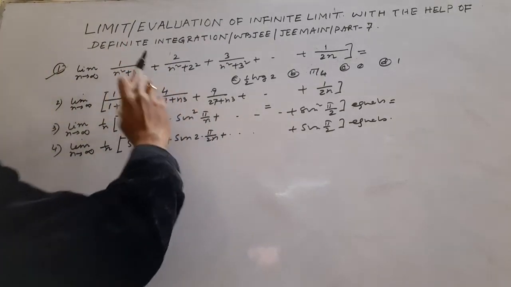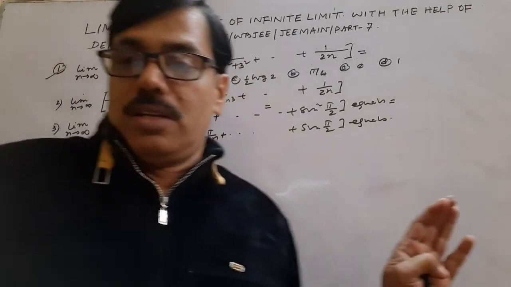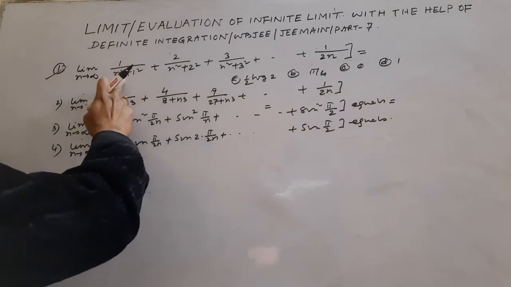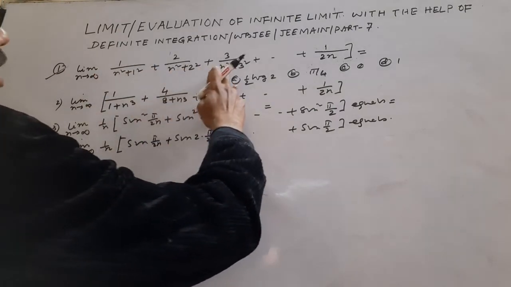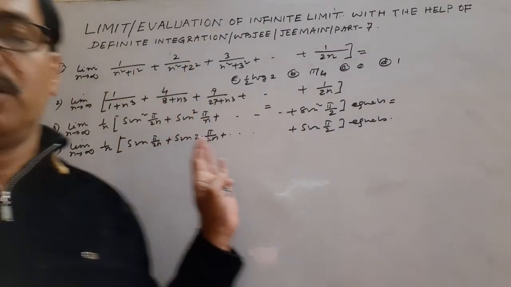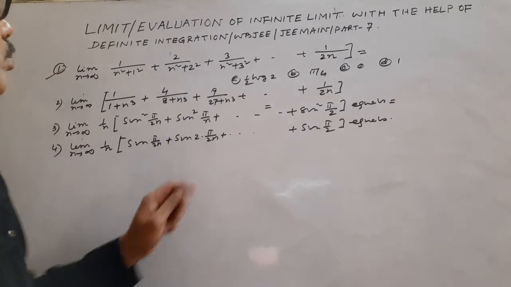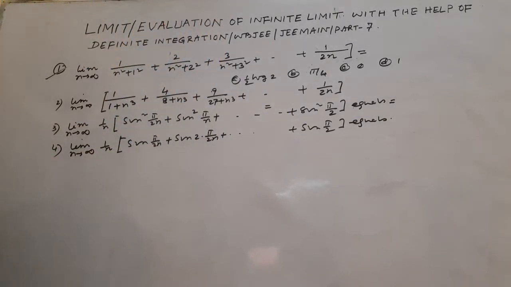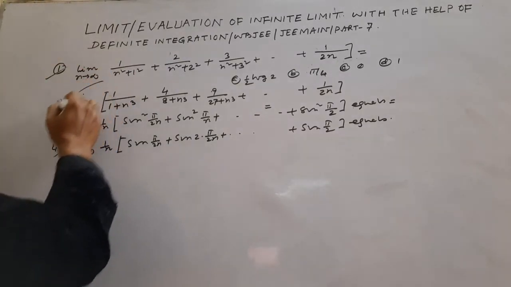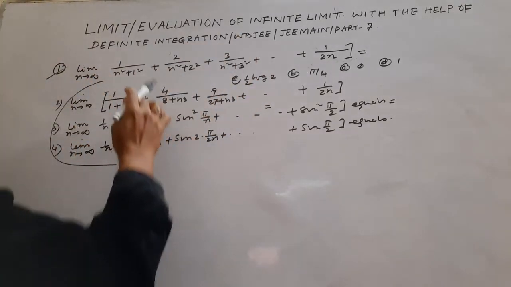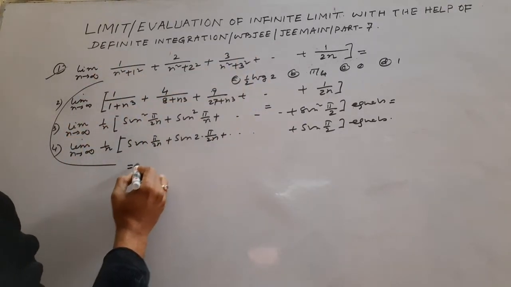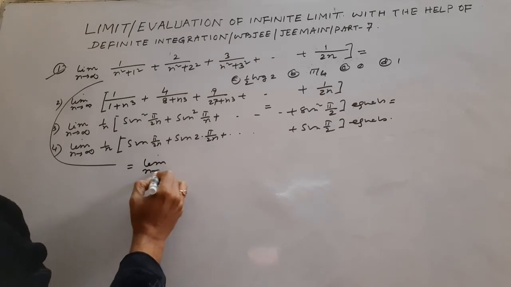If we think of it as an ordinary limit, then n square plus 1 square, n square plus 2 square, n square plus 3 square up to n, we cannot write it in terms of a formula. So that is why we use the formula of definite integration. So limit n tends to infinity.